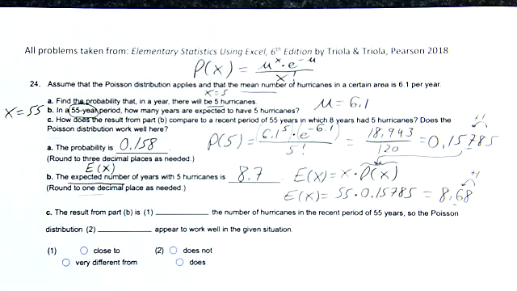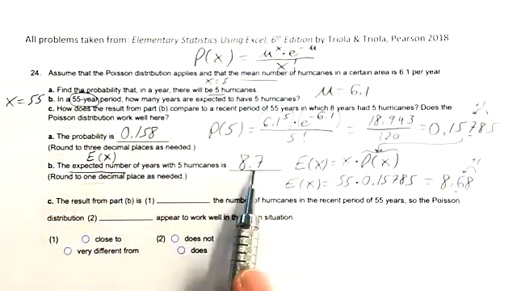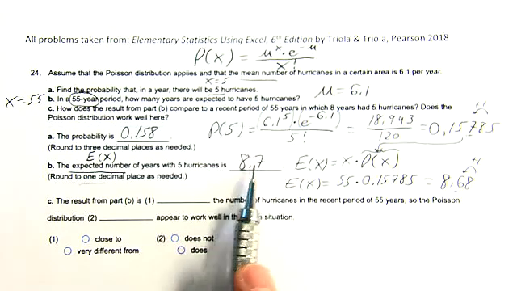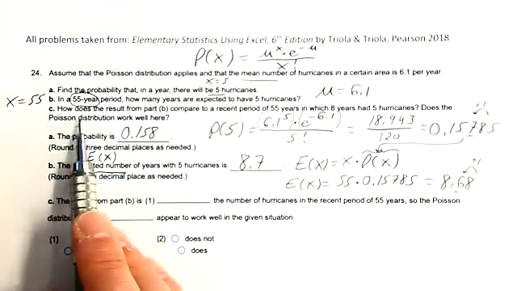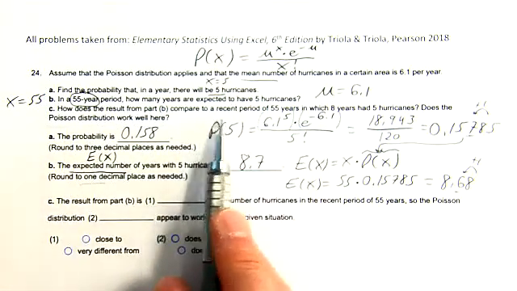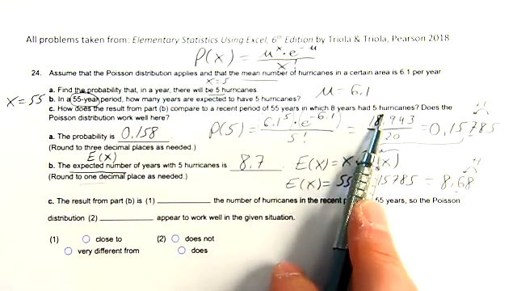So to interpret this, it means in a 55-year period, we would expect, round that up to 9, we would expect 9 years to see 5 hurricanes in those years. Okay, part C says, how does this result from part B compare to the recent period of 55 years in which 8 years had 5 hurricanes?